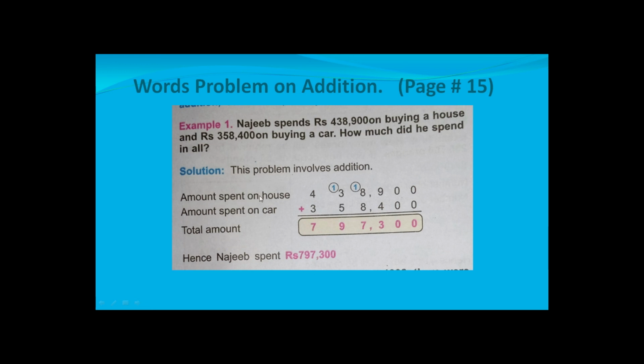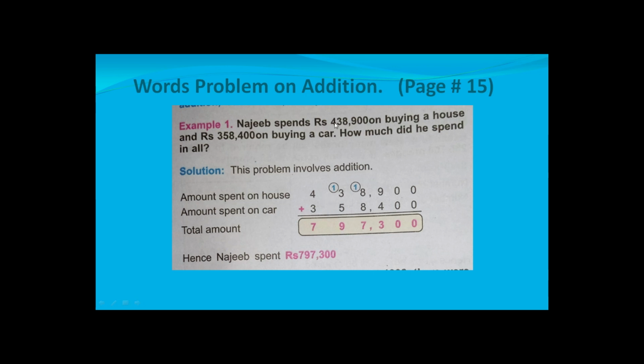Amount spent on house. First you will write the amount spent on house, that is 438,900 rupees. Write this value. Then amount spent on car, you have to write the amount spent on car, and you will write this value below that value.